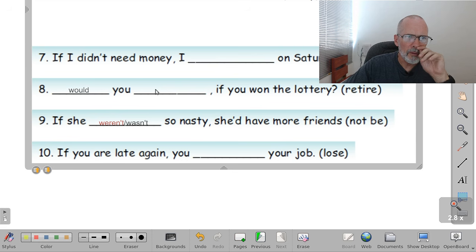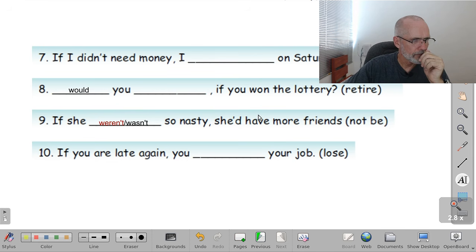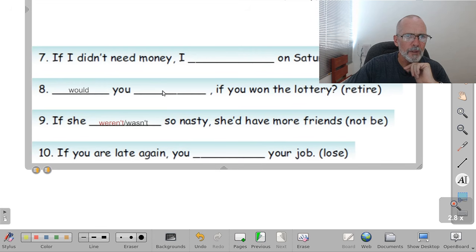Would you, what form of the verb do I need here? Will retire. No, would is true. What's the verb that goes here? Very easy. Retired. No. Retire.